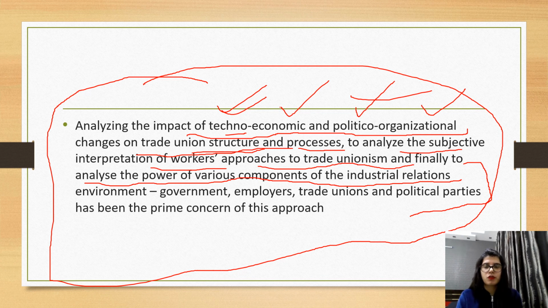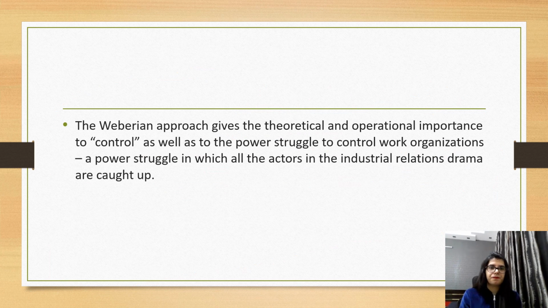Okay, so basic what you need to remember is under the social action approach is that the trade unions try to gain power and try to gain control, and we study the power of various components of industrial relations, we analyze them. Okay, and everyone wants to gain power.